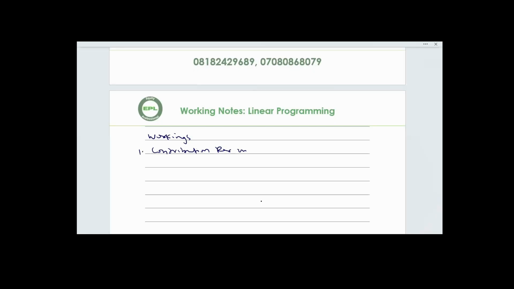And you know contribution is equal to selling price minus variable cost, or fixed cost plus profit per unit. So grade A, then grade B. Selling price. The selling price of A is 2,100, then 2,115 for B. Then I will less variable cost.